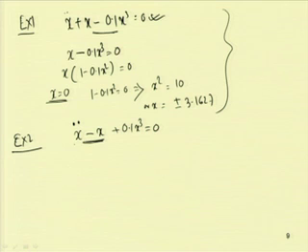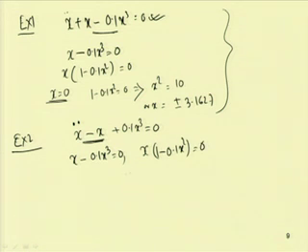In this case, for the steady state solution, x double dot will be equal to 0, and the equation can be written as x minus 0.1 x cube equal to 0. So we can have x into (1 minus 0.1 x square) equal to 0, or x equal to 0 and x equal to plus minus 3.1627.